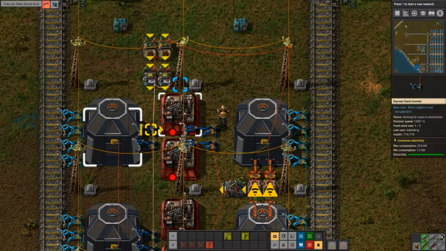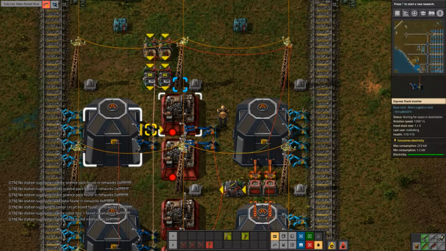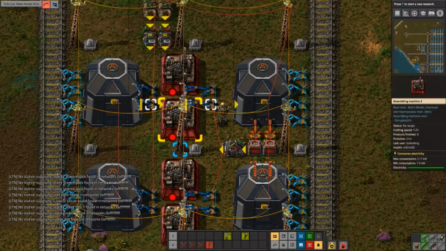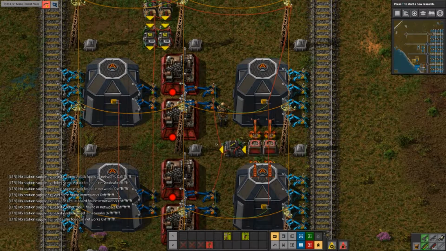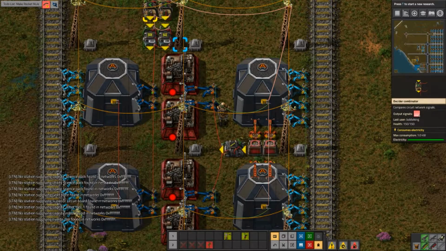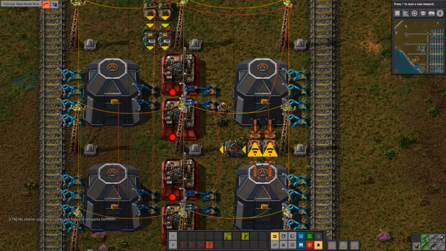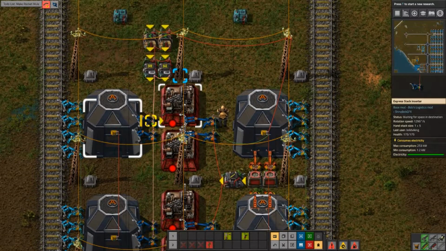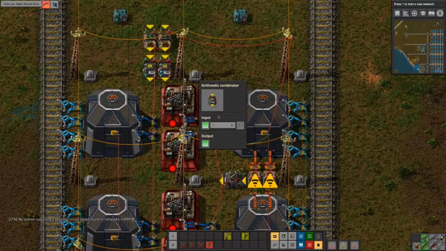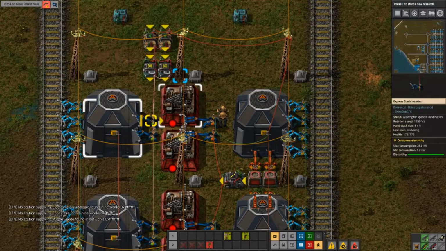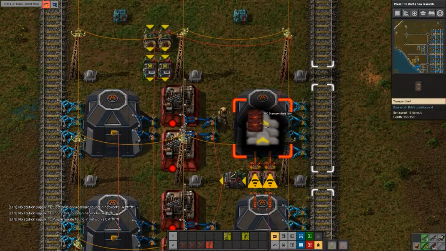This is super duper annoying. Also, why are you red? Oh, because both of them are pumping out red. So I pumped you in, you shut off.